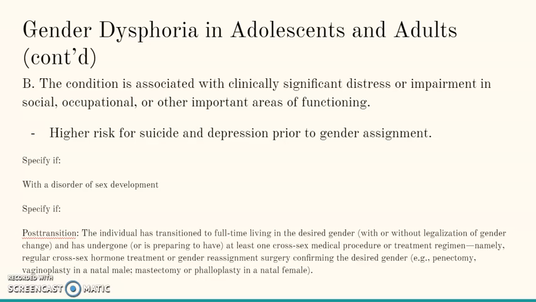The clinicians should also include specifiers, such as if there is a disorder of sex development, and also if the person is post-transition to the identified gender using, like, a hormonal treatment or a gender reassignment surgery. You can also note if the person is preparing to undergo medical intervention.